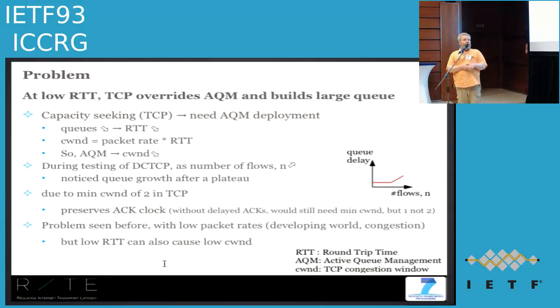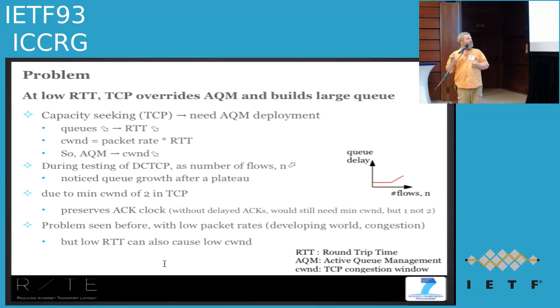I've very briefly explained here that a capacity-seeking algorithm like TCP, a greedy algorithm if you like, we now all understand, and some of us understood 20 years ago, will need active queue management, right, to stop it just filling the buffers.